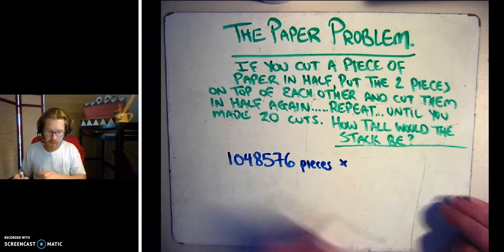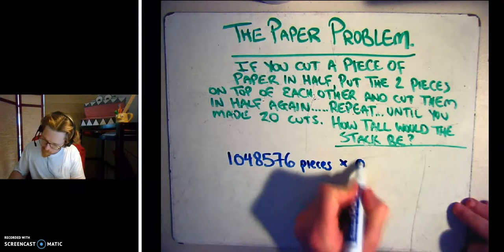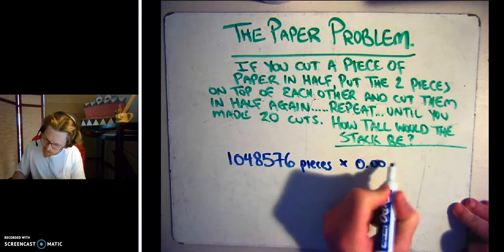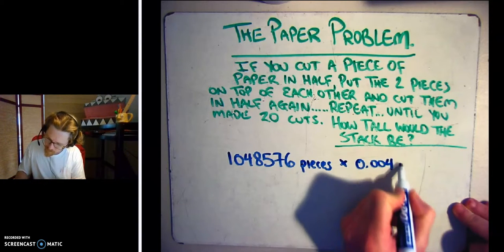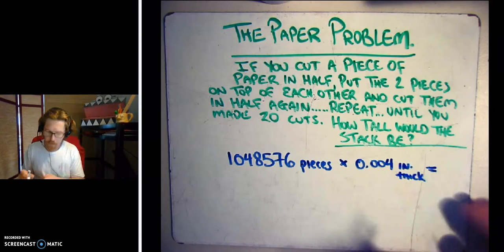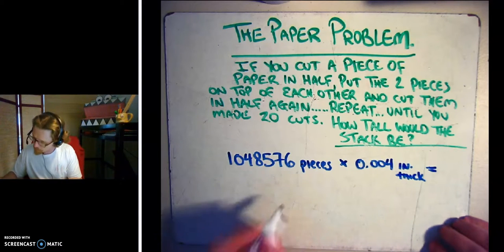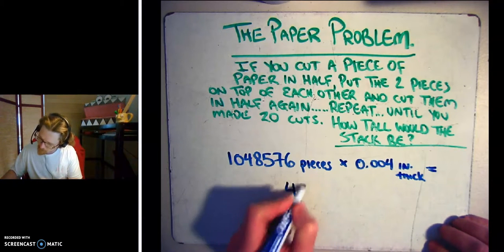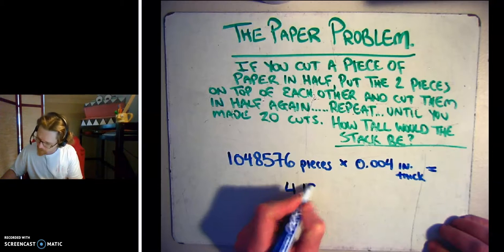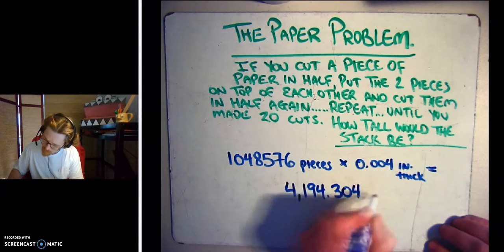Now, I use standard printer paper, and standard printer paper is 0.004 inches thick. So naturally, we're just going to multiply these together. By multiplying these together, we end up with a value of 4,194.304 inches.